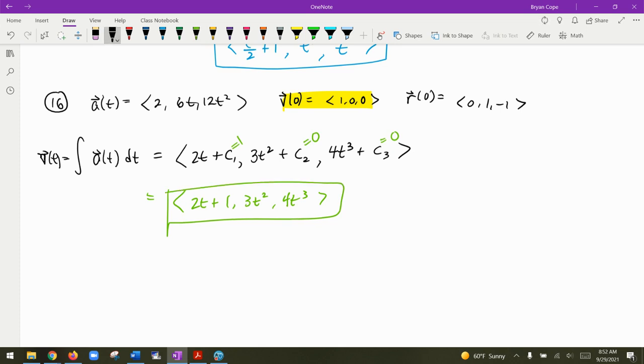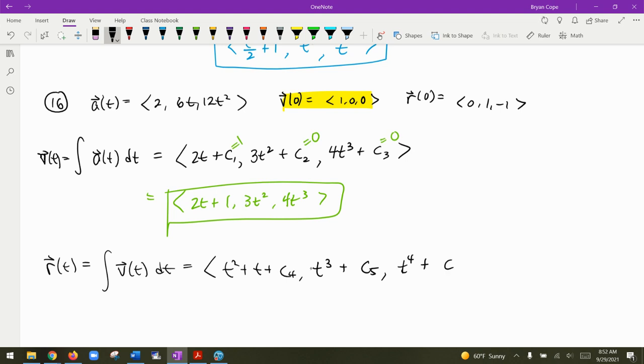All right, let's integrate that. So position is the antiderivative of velocity. So we have t squared plus t plus a constant. We have t cubed plus a constant. And we have t to the fourth plus a constant.